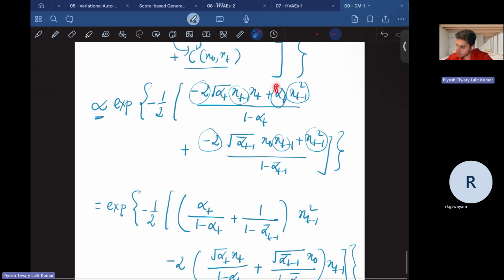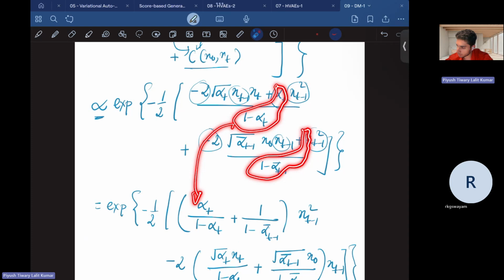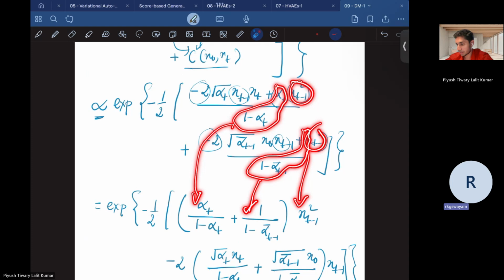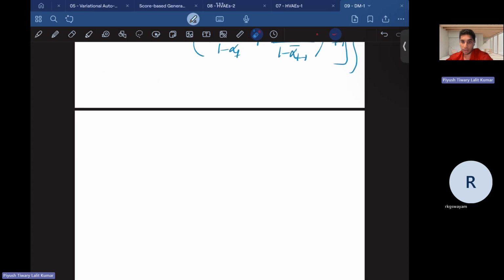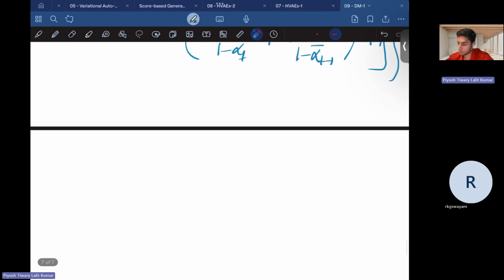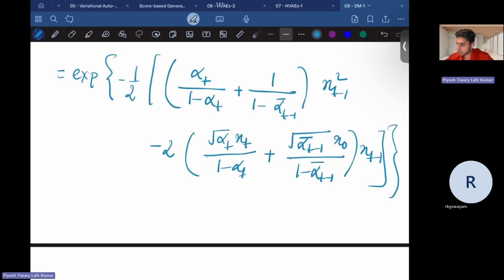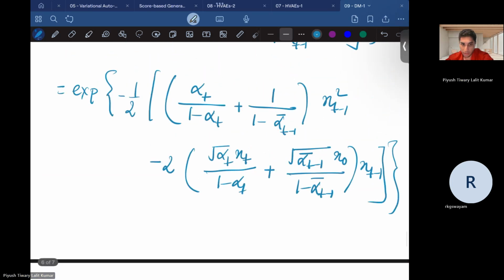So you have alpha_t over 1 minus alpha_t here, and there is 1 over 1 minus alpha_{t-1} bar here, and I am taking x_{t-1} squared outside. Now I understood. Now what do we do? Basically we will do something like completing the squares. Let's do that.